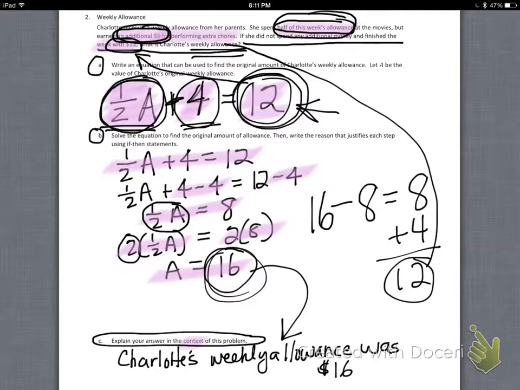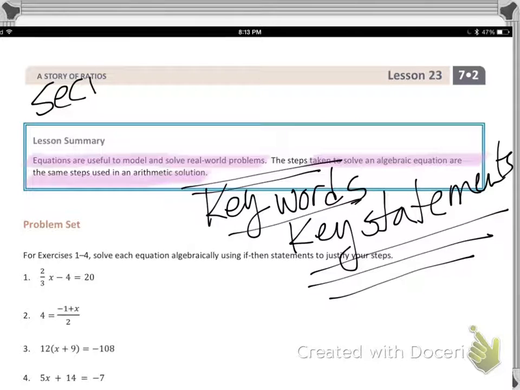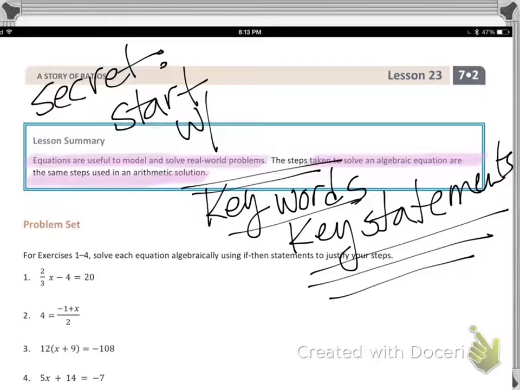Again, those key words and phrases, key statements, are really important to look for when you're trying to write that equation, because that is absolutely the secret. The secret is writing a good equation. Here's the secret: start with a good equation.